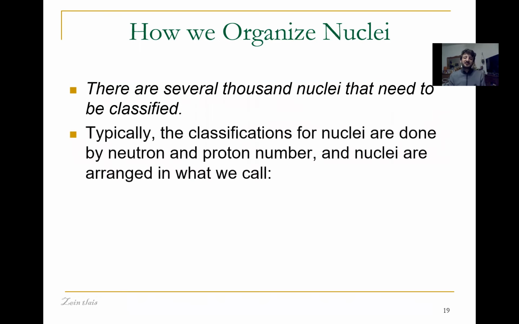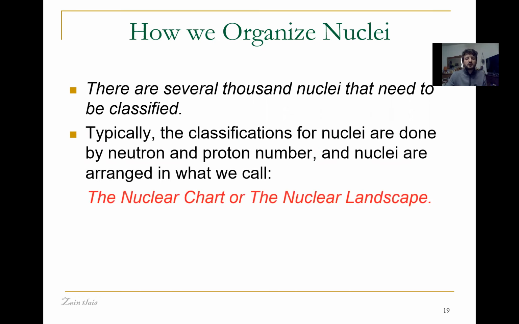Typically, the classification of nuclei is done by the number of neutrons and the number of protons. And these nuclei are arranged in a nuclear chart or nuclear landscape.